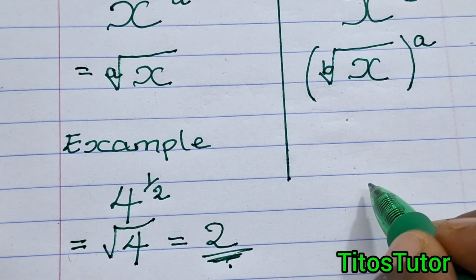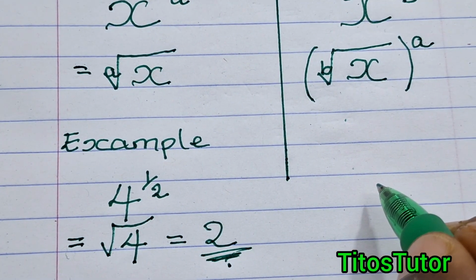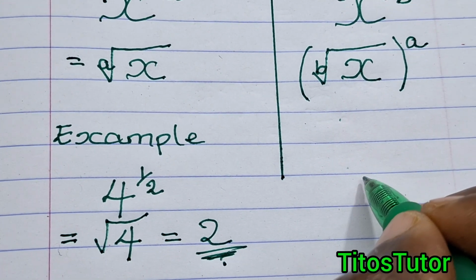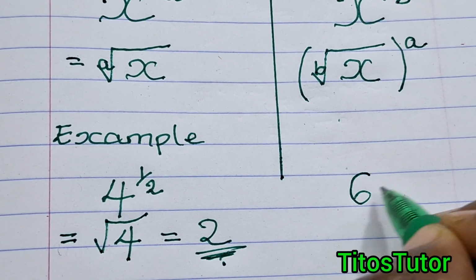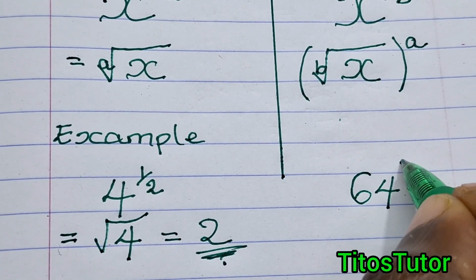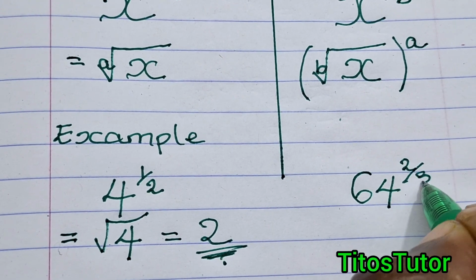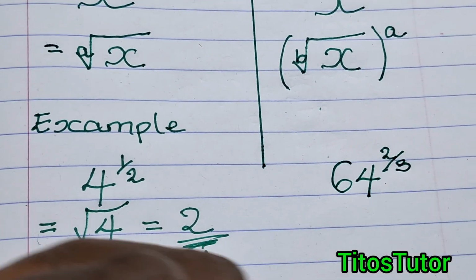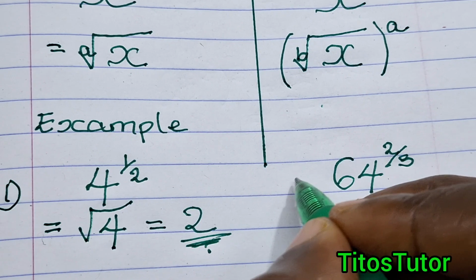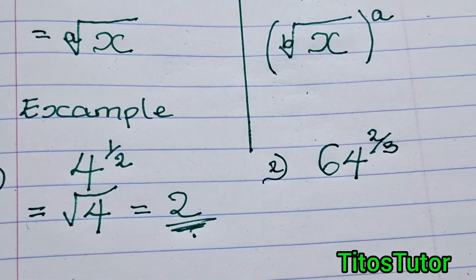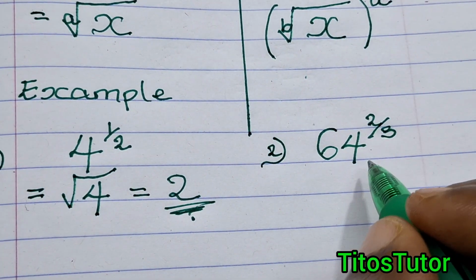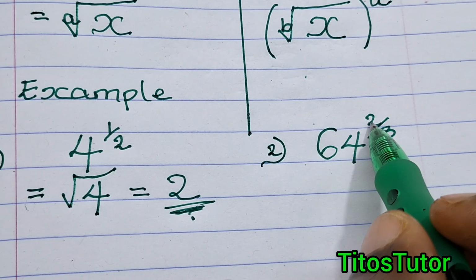But just imagine that you have another example, 64 raised to the power of 2 over 3. This one is our first example, and this is our second example. So if you have something like this, remember, you check the numerator.